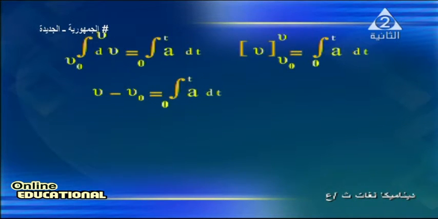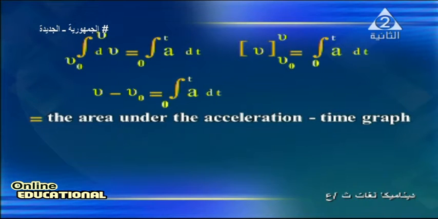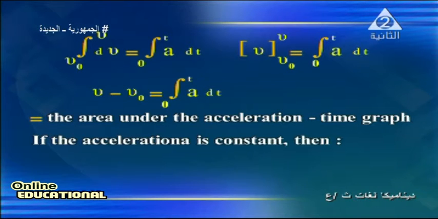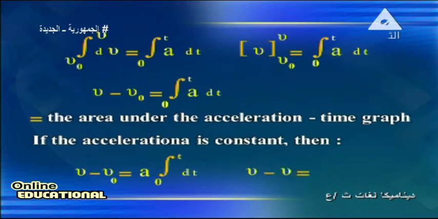The integration of acceleration with respect to time from 0 to t equals the area under the acceleration time graph. If the acceleration is constant, then v minus v naught equals a times integration of dt from 0 to t, and v minus v naught equals a times t.